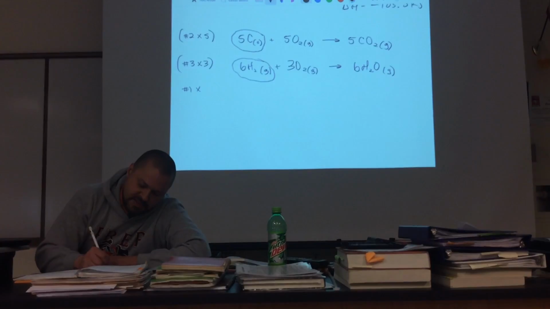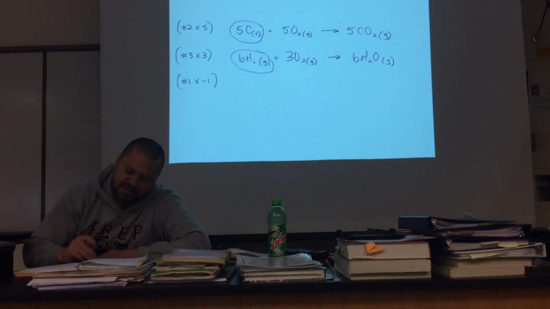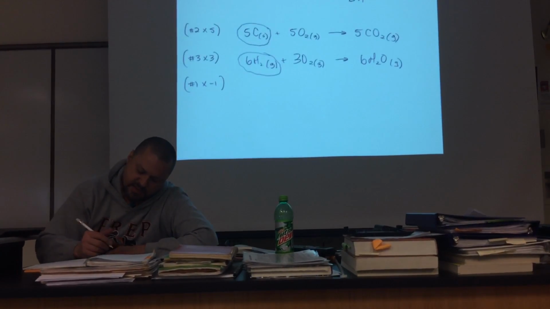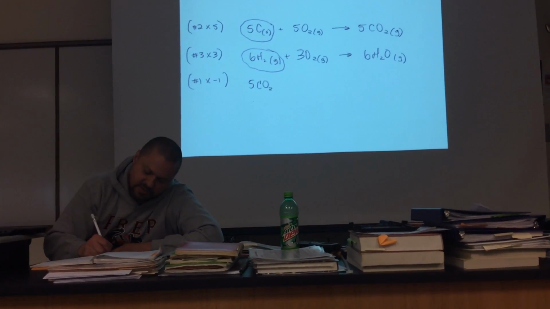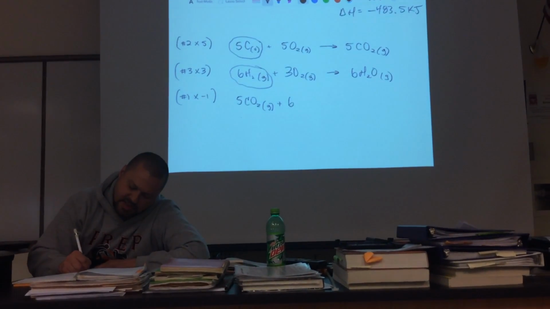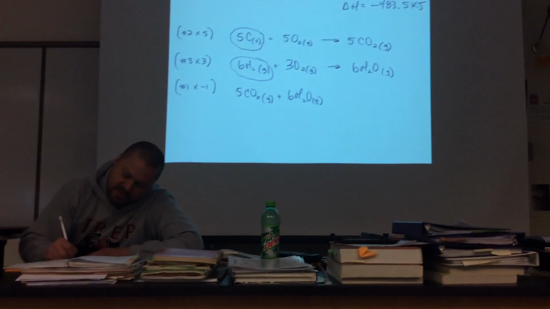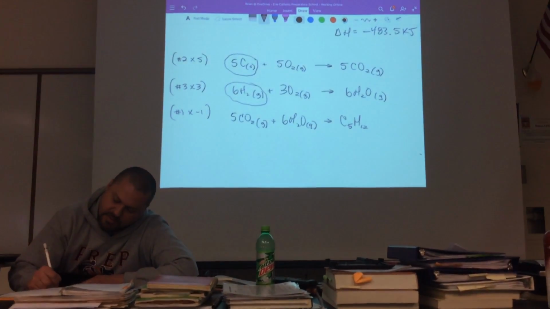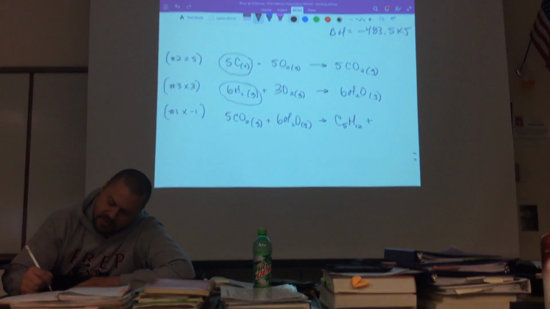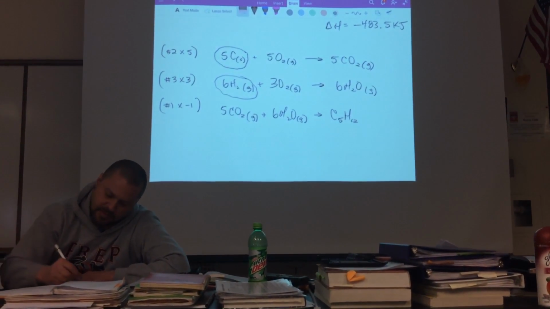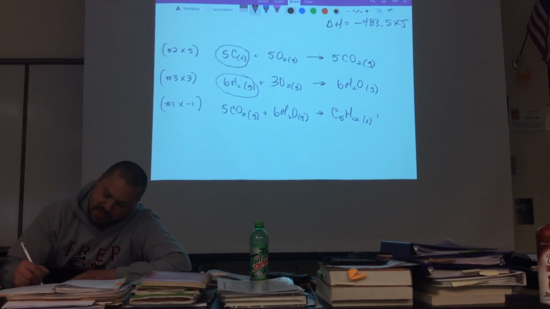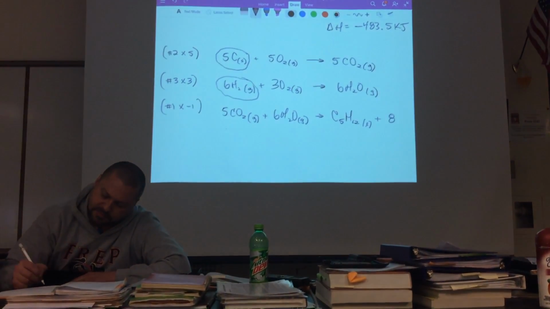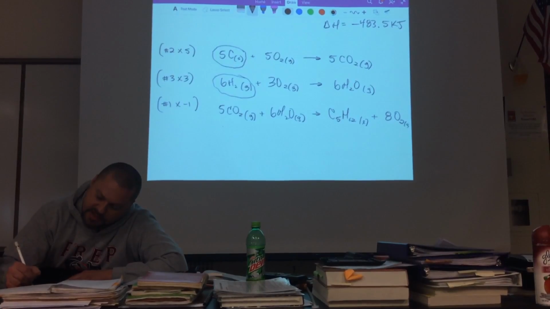So I'm going to take number 1 times -1. It means everything that was on the product side is going to be a reactant now. So I've got 5CO2 gas plus 6H2O gas yields C5H12 liquid plus 8O2 gas.